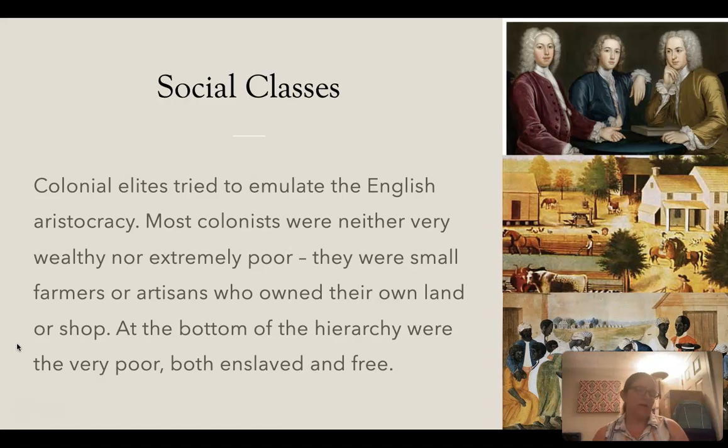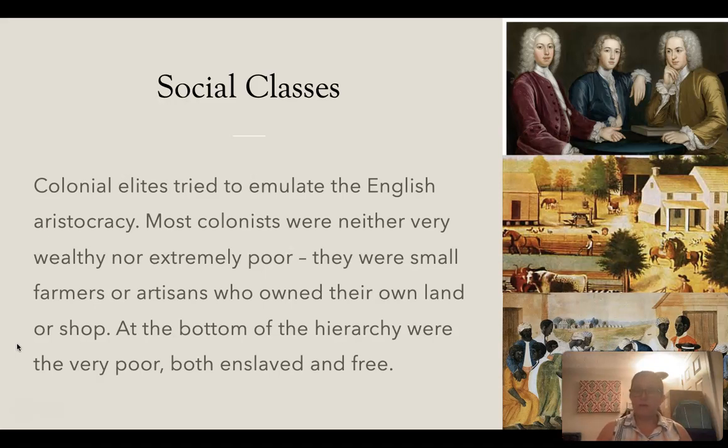And I think in part because the elite dominated social and political life in the colonies so much, and they felt such strong ties, cultural ties, economic ties to Britain, the overall culture of the colonies tended to be affected very strongly by this. Now, at the other end of the spectrum are the poor.